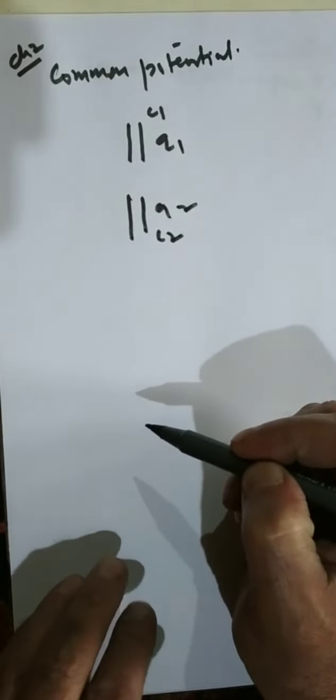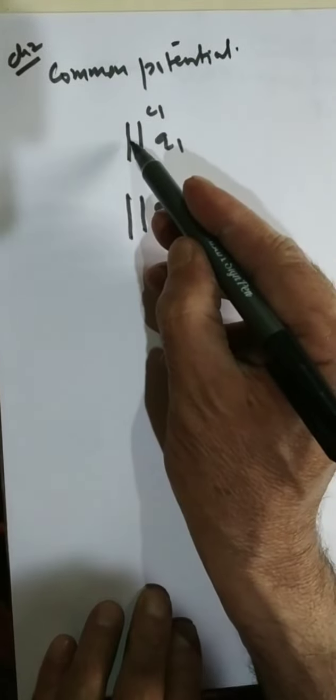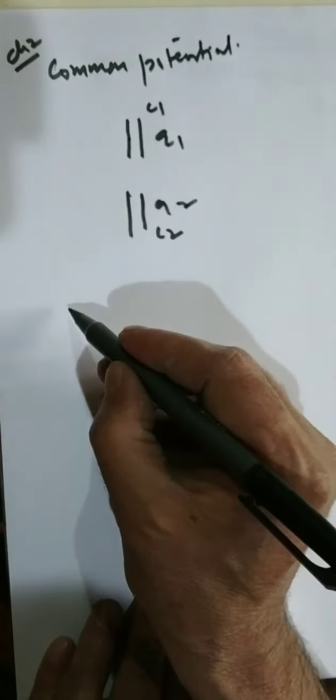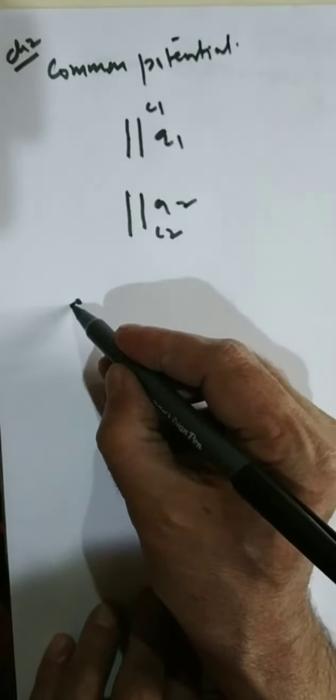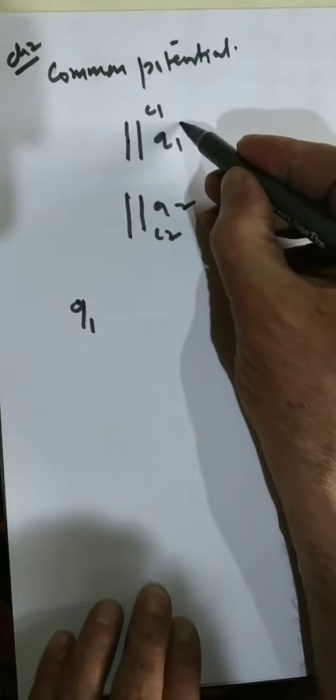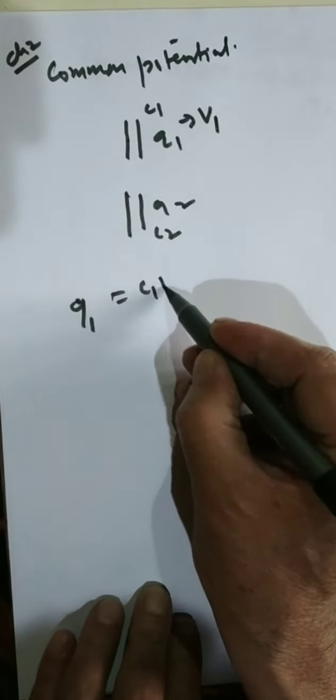Okay, now the charge on the first capacitor will be Q1. Let its potential be V1, that will be equal to C1 V1.